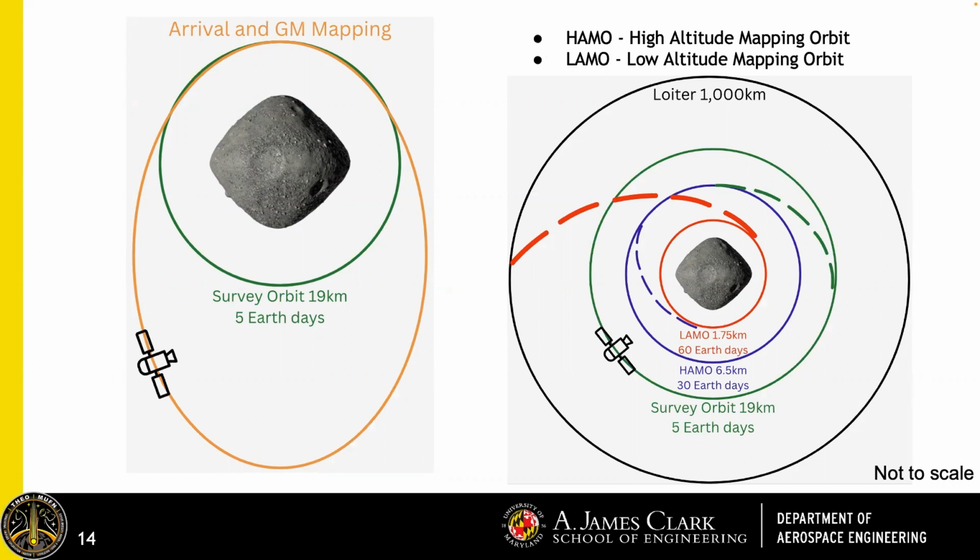And then after our low altitude mapping orbit, we move to an orbit of 1,000 kilometers around the asteroid. And there we stay and we hang out until the mitigation mission comes by. And if we're there, we can observe the mitigation mission and we can send data on was it successful and what happened, and maybe take some pictures and stuff.